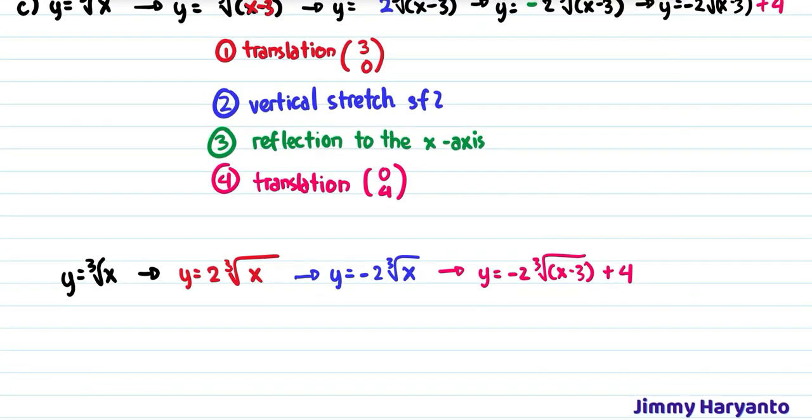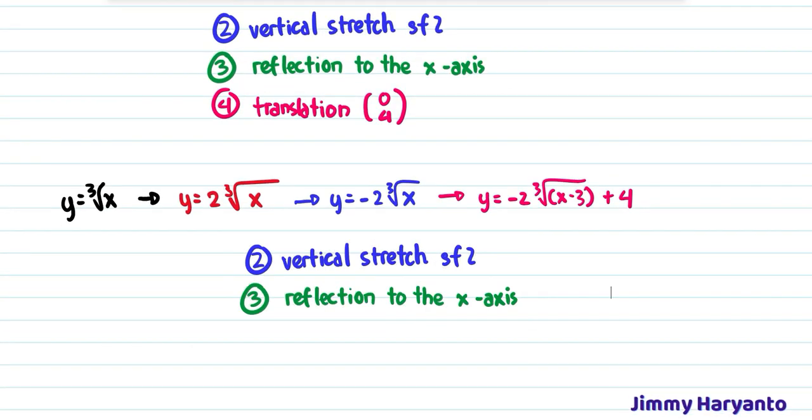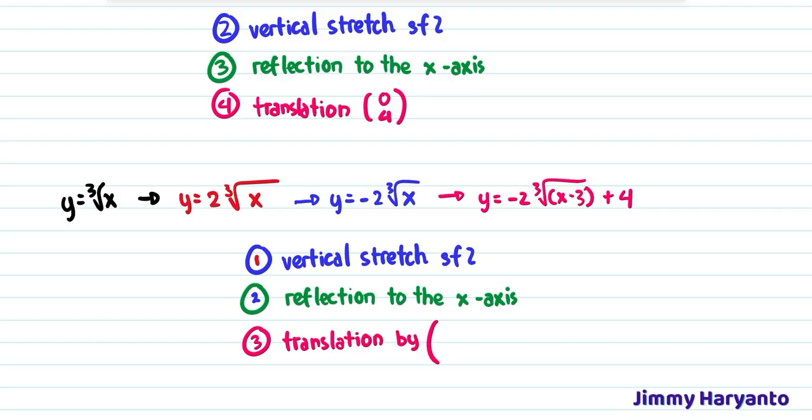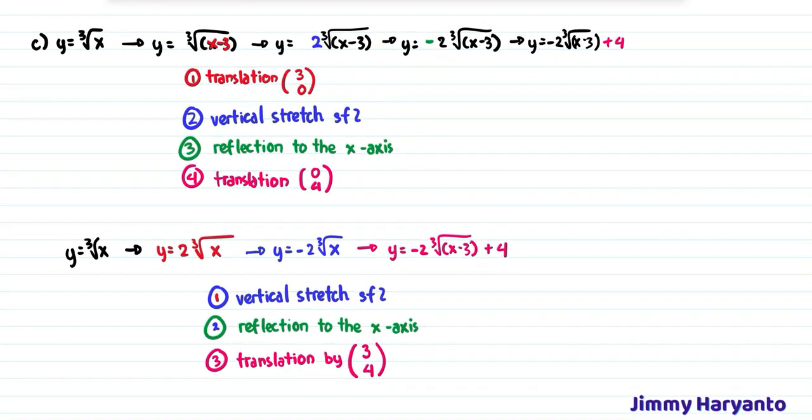So for this one, the order will be this one. The first is the red one, vertical stretch by 2. The second is the blue, reflection to the x-axis. And the third is the translation by the factor of this one altogether. So we have -3 right there, so the factor is 3. We have plus 4 right there, that means the factor is 4. There you go. You can choose one of them.